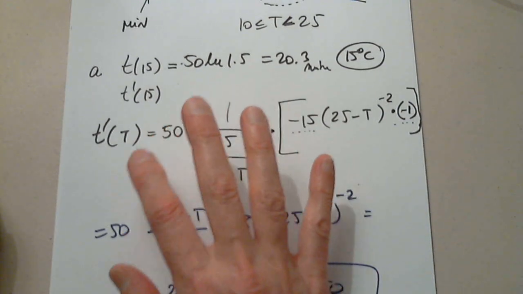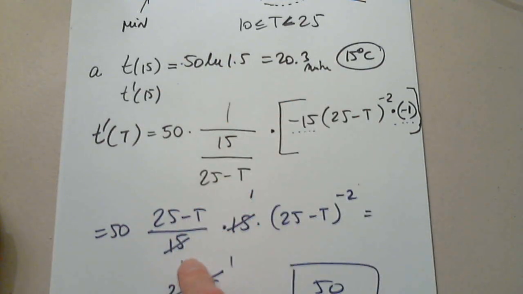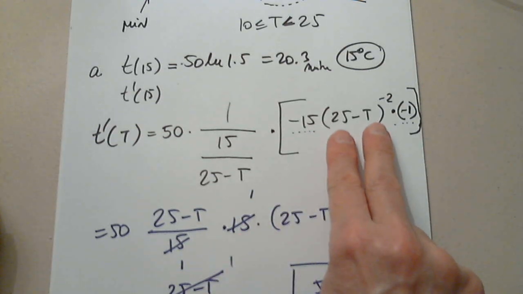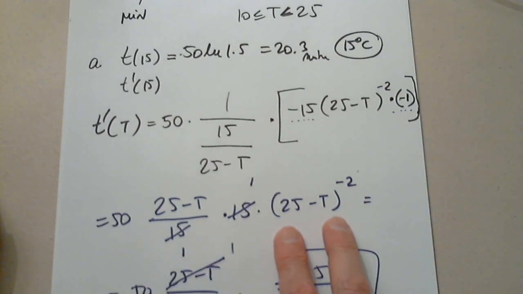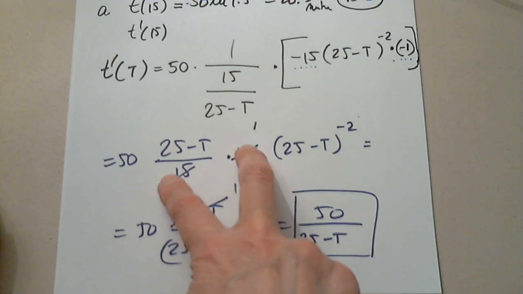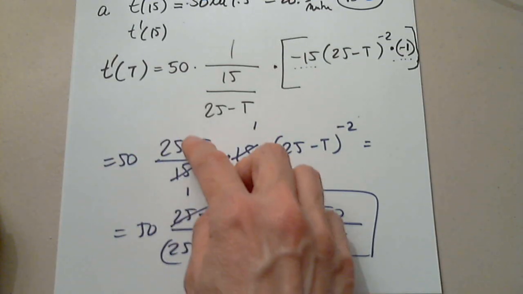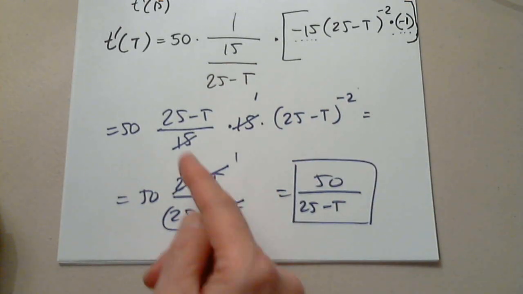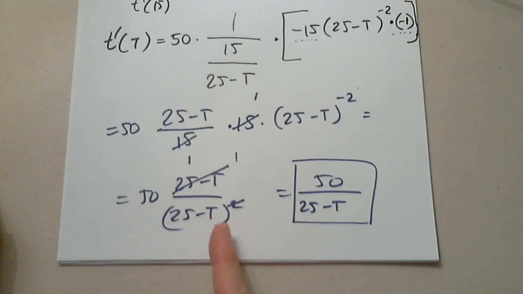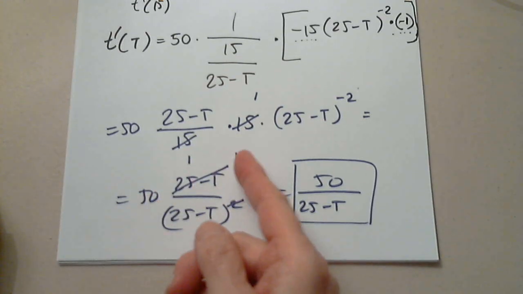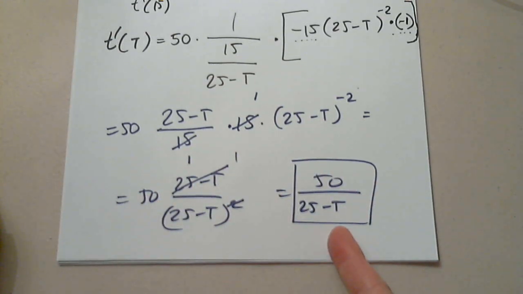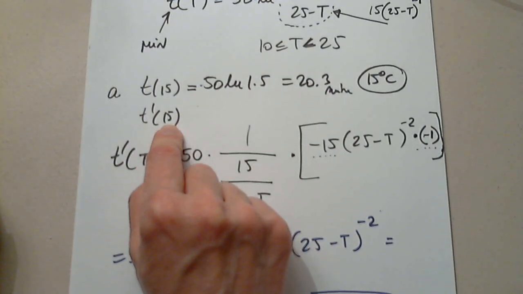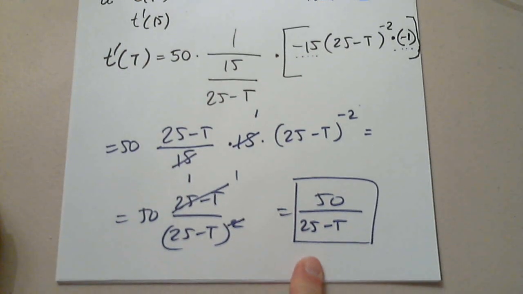Now, 50, flip, multiply these two numbers, and keep 25 minus t to negative 2 as is for the moment. Simplify these two, copy the 50, copy 25 minus t, bring this down with a positive power, get rid of one of them from the top and one from the denominator. 50 times 1 is 50, and I still have 1 left. Now I can determine this. I could not without determining the function first.